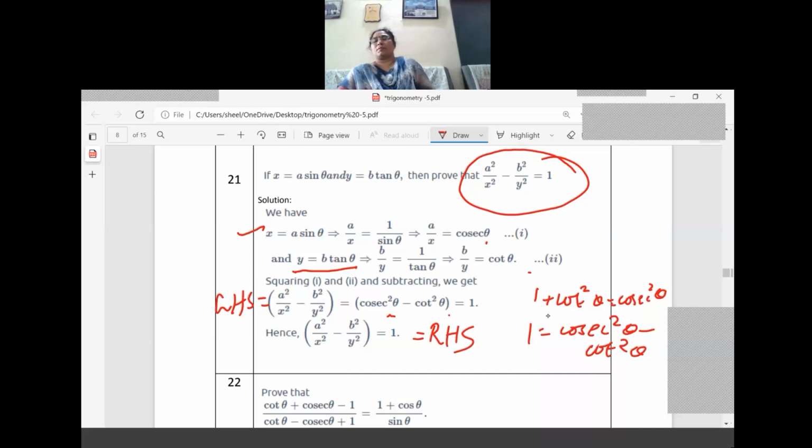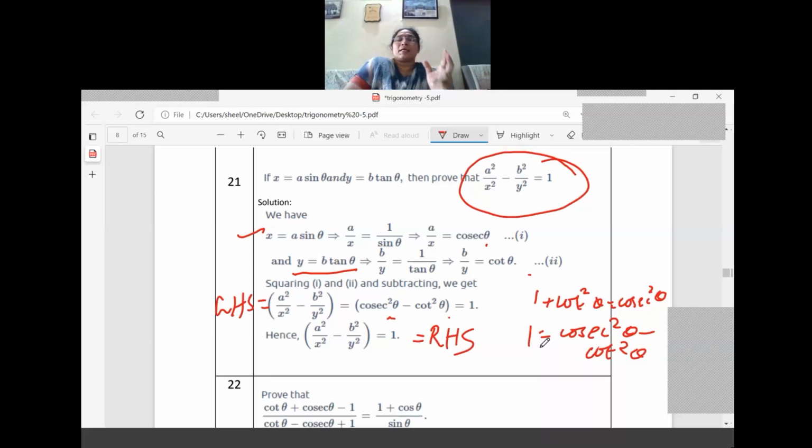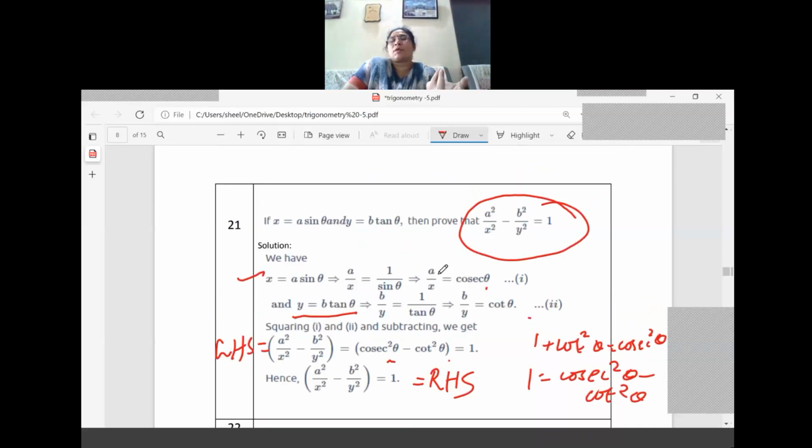Right, so the answer is here only. So like that, it is also one of the patterns of trigonometric identities. In an MCQ they can ask: x equal to a sine theta, y equal to b tan theta, what is a square by x square minus b square by y square? Don't think that it is always equal to 1. There may be some other answers also.